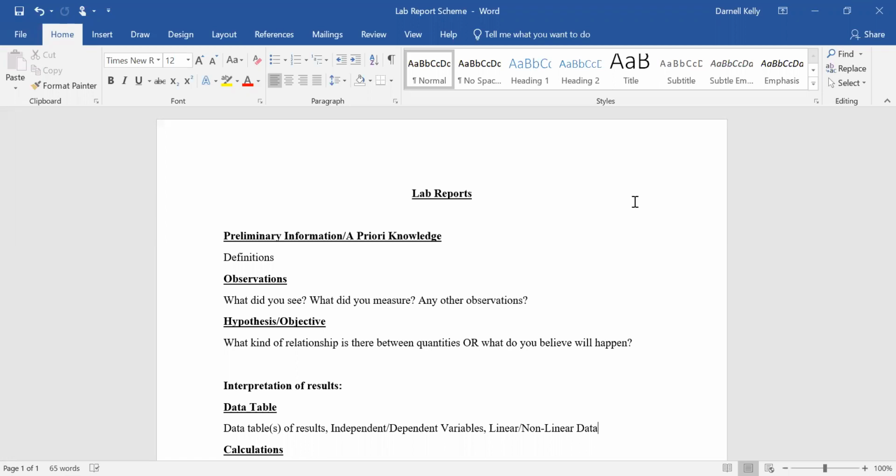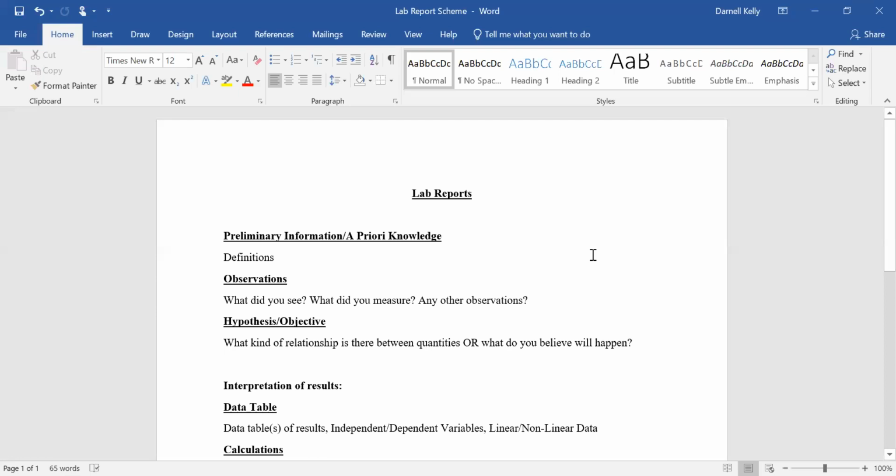So that would be observations, which typically lead up to a hypothesis. You might be seeing that this is the scientific method embedded within a lab report schema. It's all pretty much the same. I'm just embedding those concepts. We then go to hypothesis and objective.